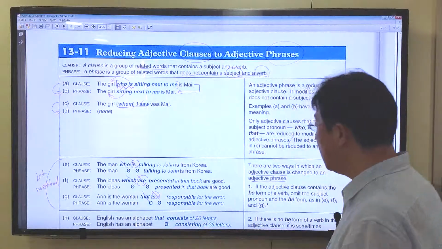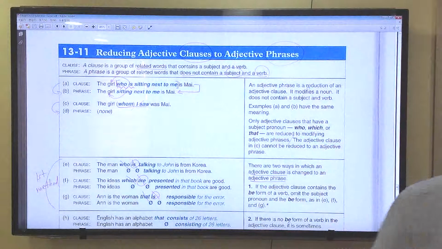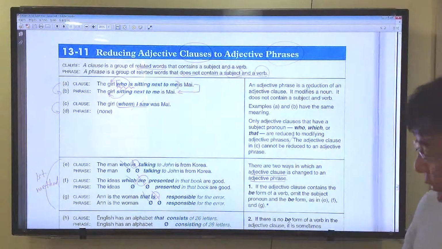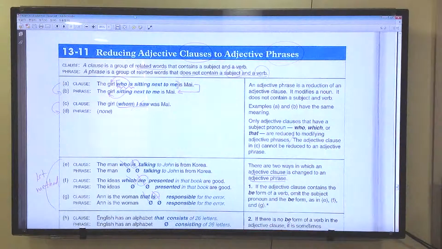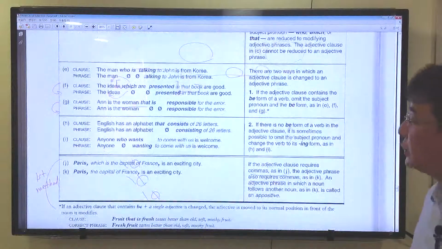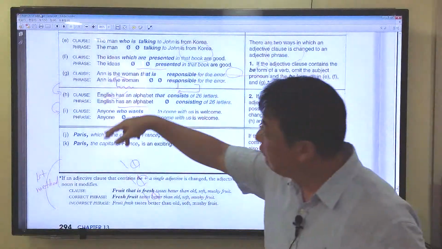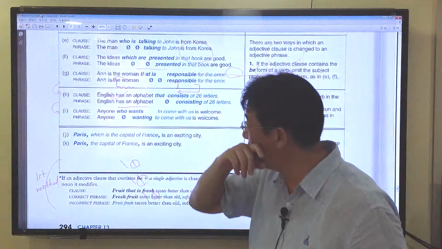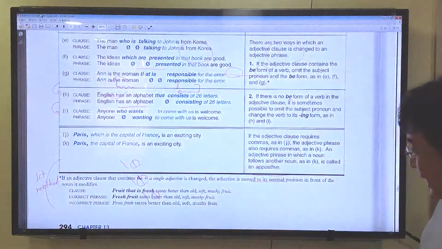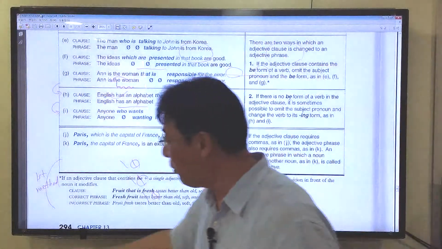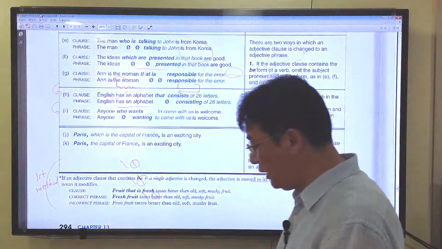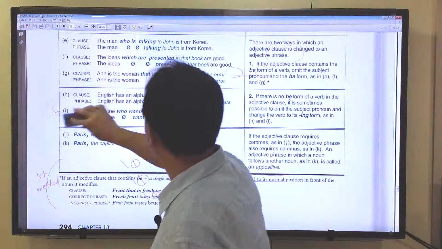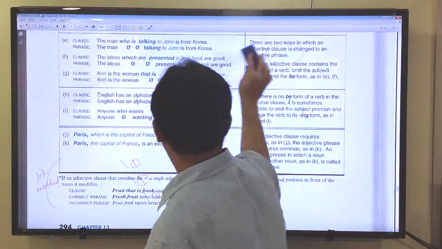아시겠죠? 그죠? Alright. Let's get into the next part of the table, which explains how to convert an adjective clause into an adjective phrase, which contains not a be form of verb, but other common verbs. 한번 보겠습니다. 자, 여러분 그렇게 어렵지 않습니다.